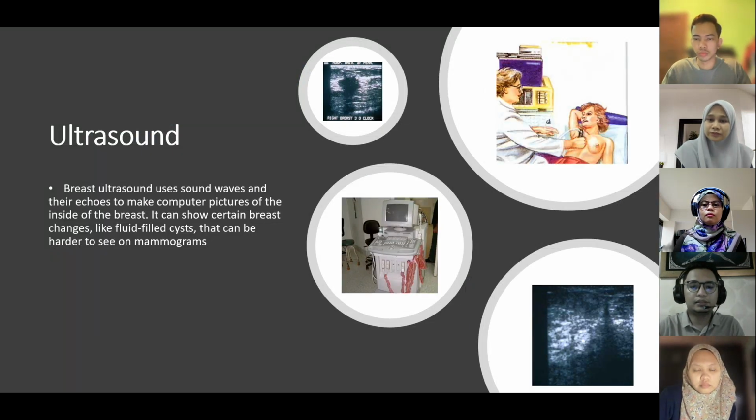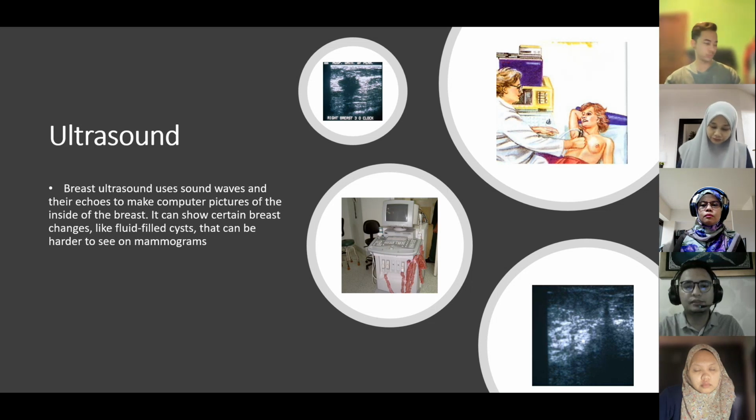It needs a doctor or a specialist to check the whole breast to find cancer or abnormal changes in the breast. Unlike mammogram, which is captured as a picture, ultrasound findings must be found by a specialist.